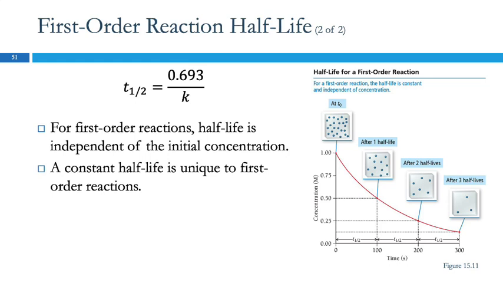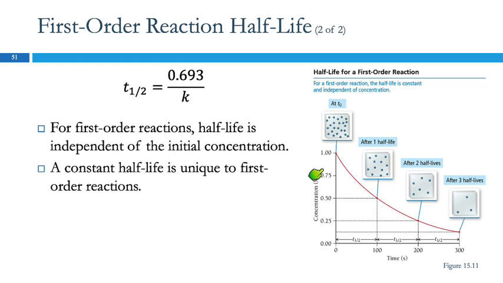It's not the zero order, it's the first order. So when we have a first order reaction, the half-life is independent of the starting concentration. So regardless of how much stuff you have, the half-life is going to be the same. And the half-life is going to be constant as the reaction proceeds because it doesn't depend on the concentration.